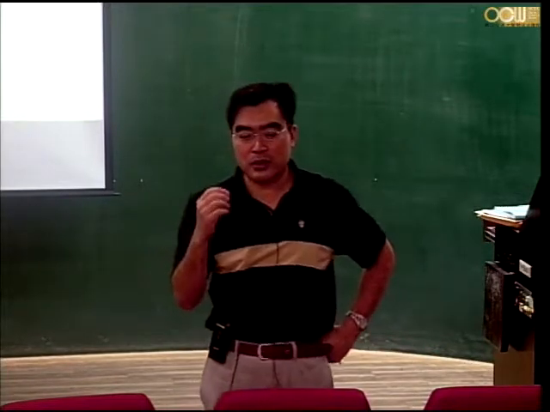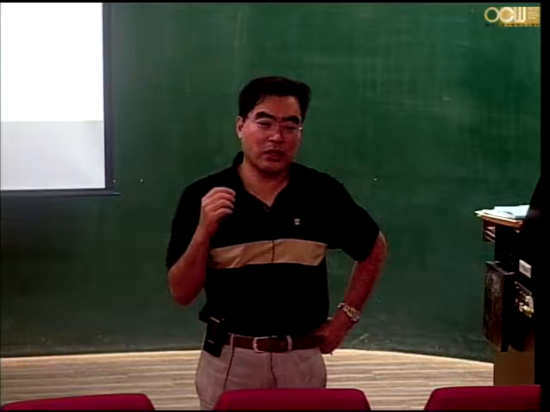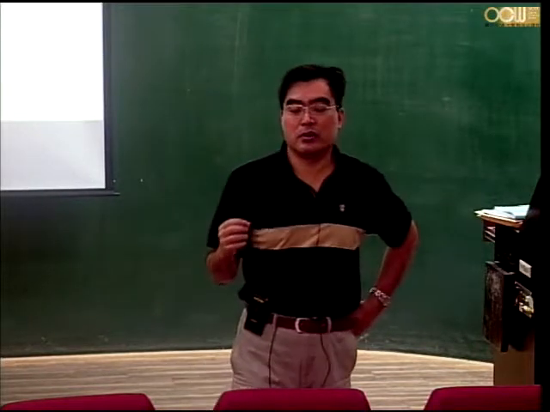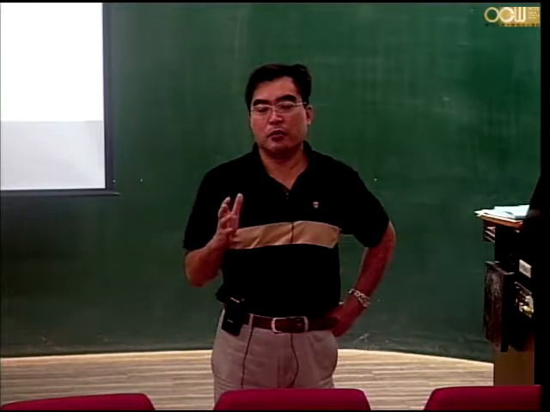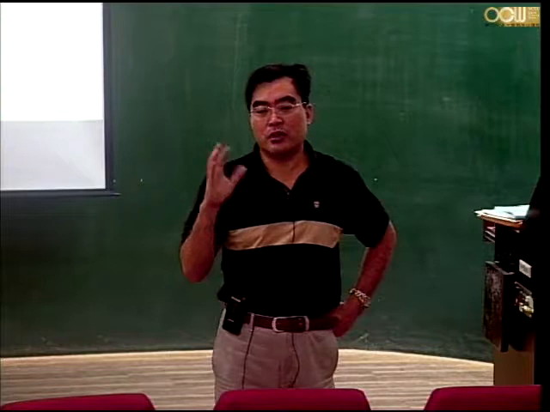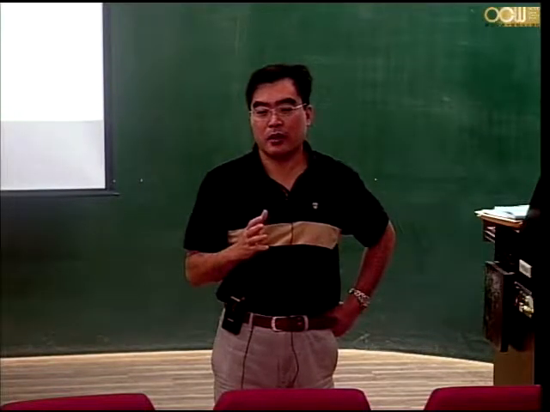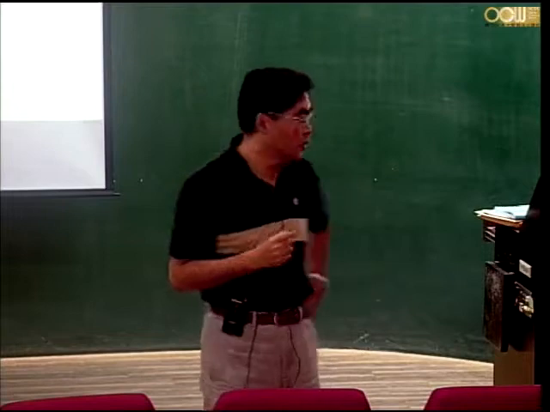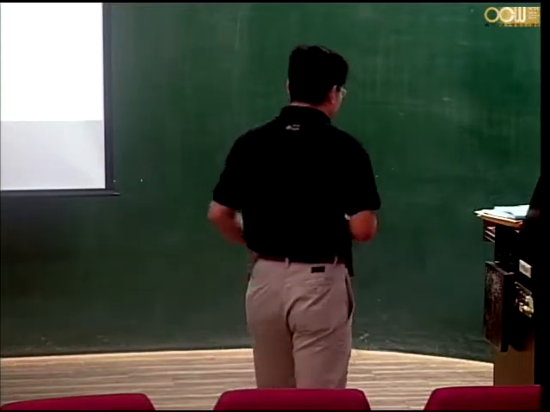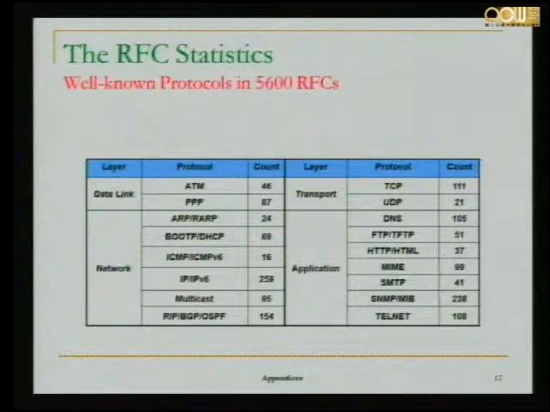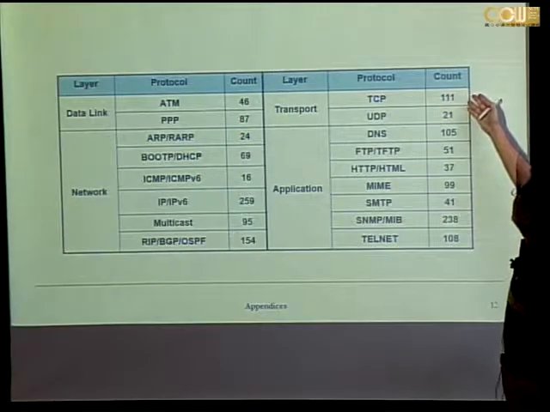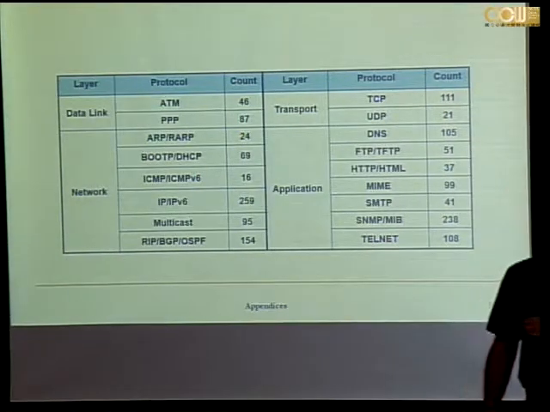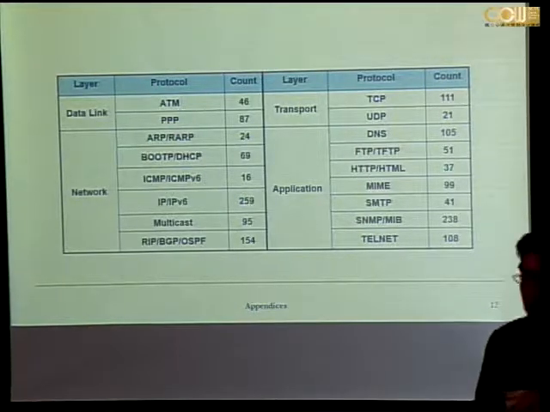The reason why there are still almost 2,000 RFCs describing protocols is because on average, a protocol is defined by 20 to 30 RFCs. Why? Well, if you look at this table, the TCP protocol is defined by 111 RFCs so far. But how come so many?